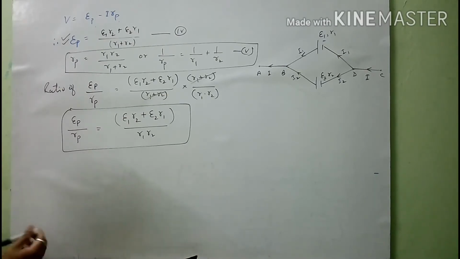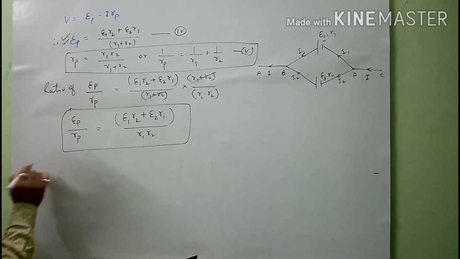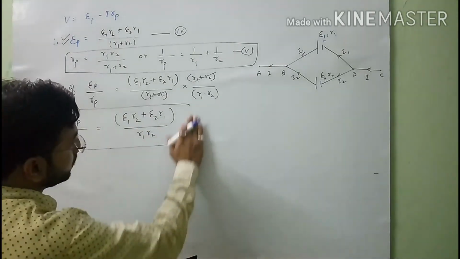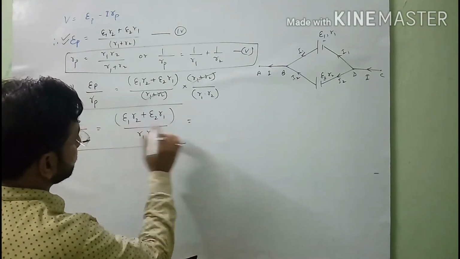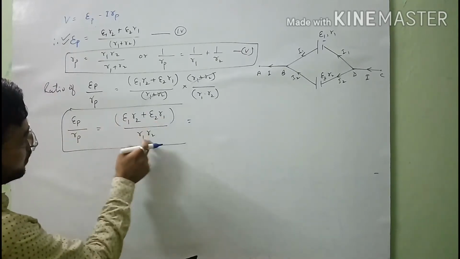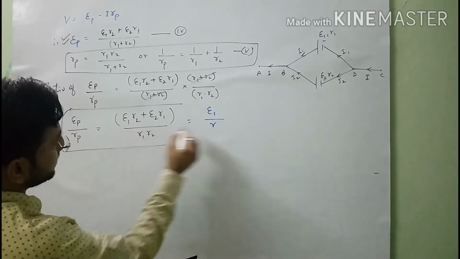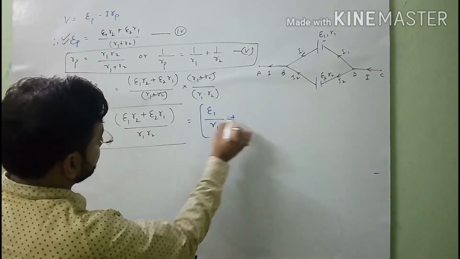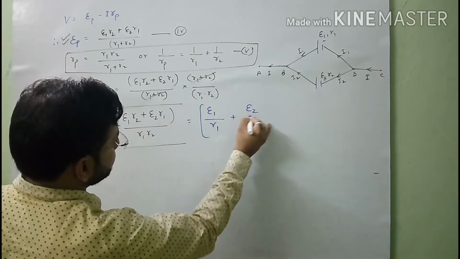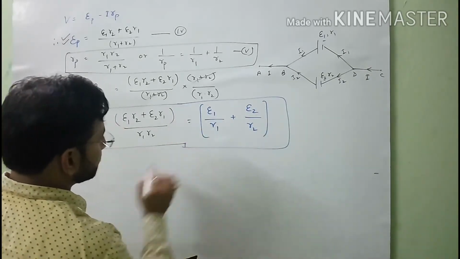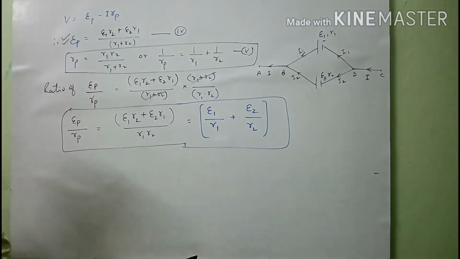So student, after that, see, you can write this part in a simple way also if you want. Here separate all, I will get after separation R2 cancel, this part plus epsilon 2 over R2. So this is the separation part which I will get from this equation.